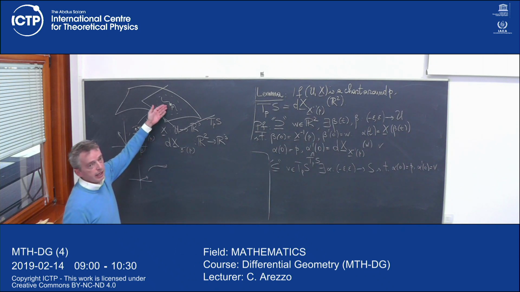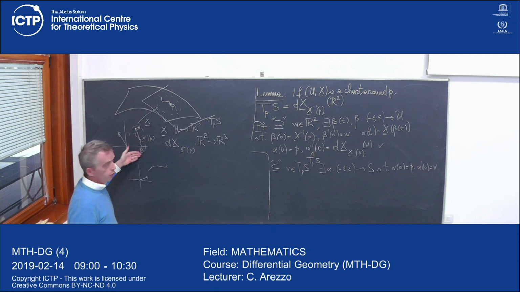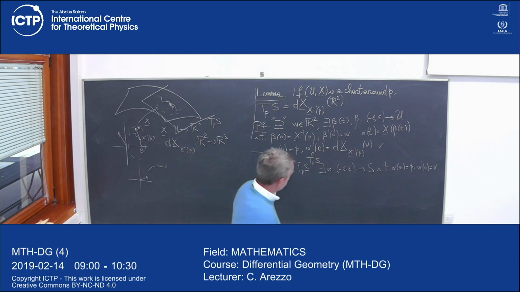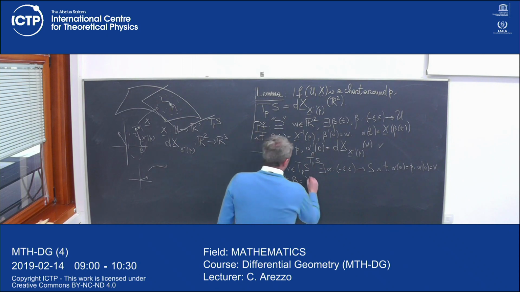Okay, reverse everything I said. Now I have alpha here, I compose it with x inverse. And then I end up with a beta here. Okay? So now set beta of t to be x inverse of alpha of t.